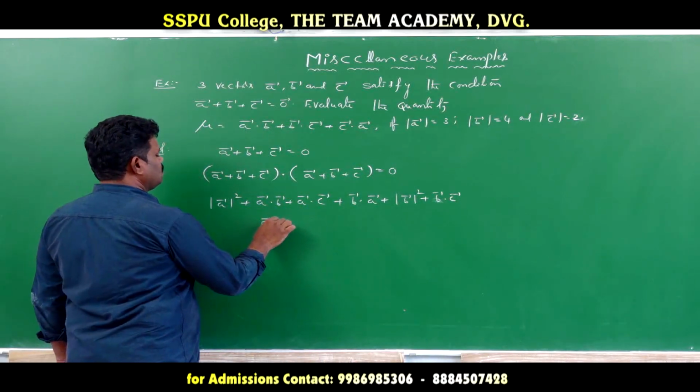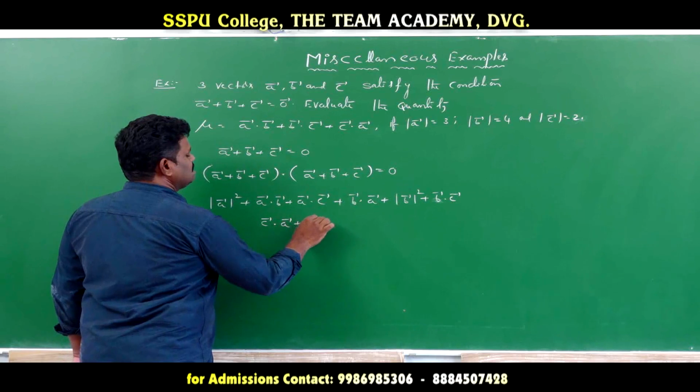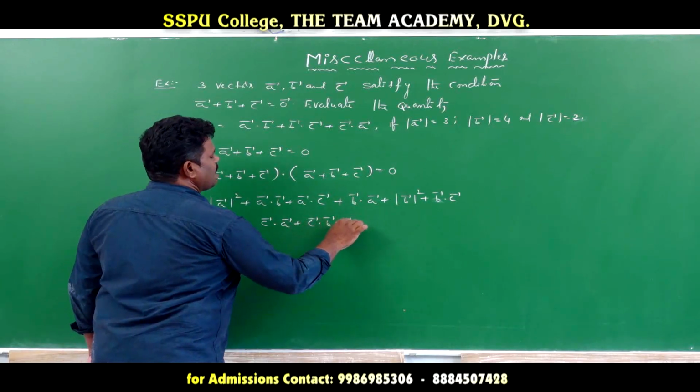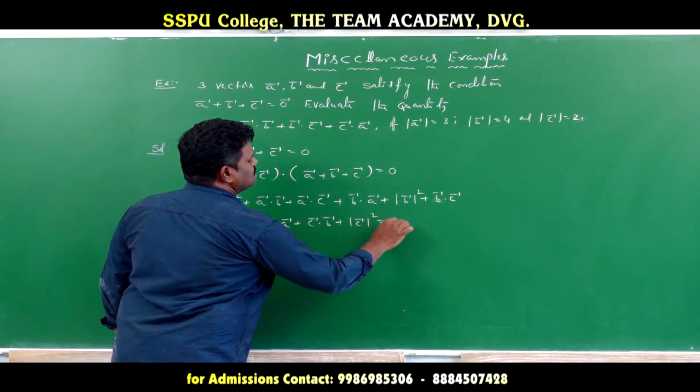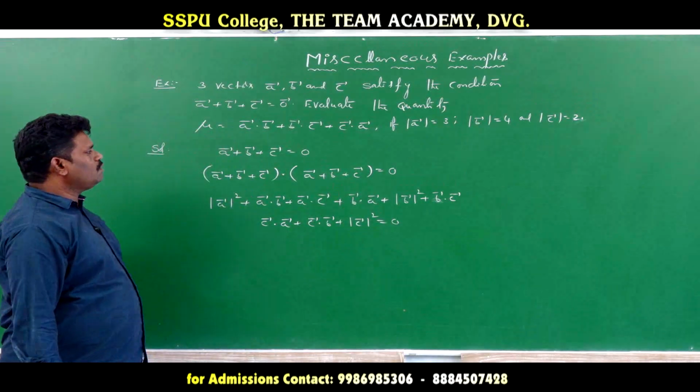Next one, what do we write here? C bar dot A bar value plus C bar dot B bar value, magnitude of C bar square is equal to 0. Now here we substitute these values.